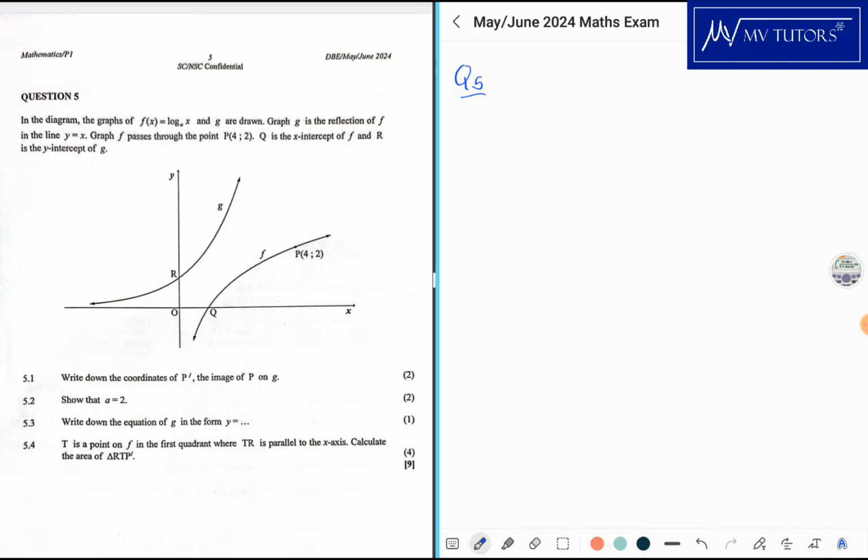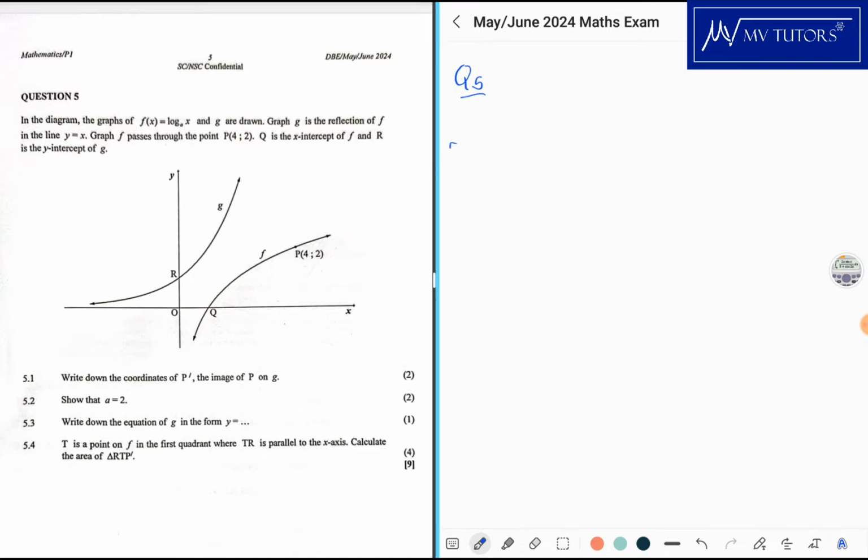Graph f passes through the point P, which is 4, 2. Q is the x-intercept of f, and R is the y-intercept of g. So Q and R basically. R is most likely going to be 0, 1, and Q will be 1, 0 because they're inverses.